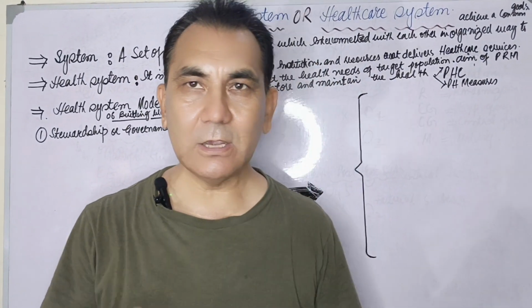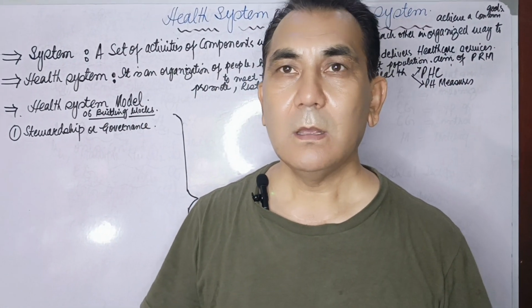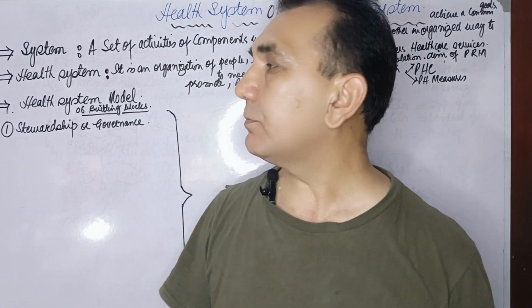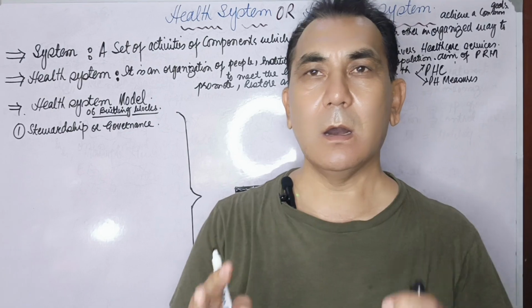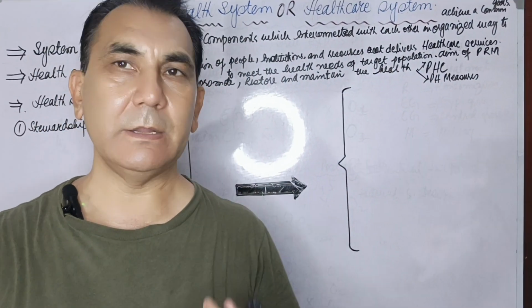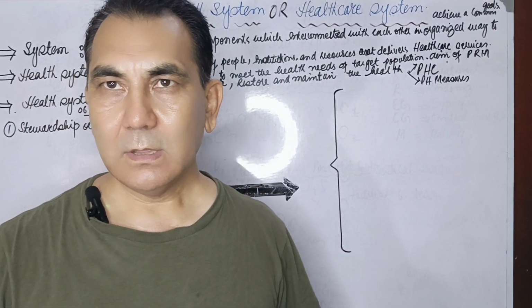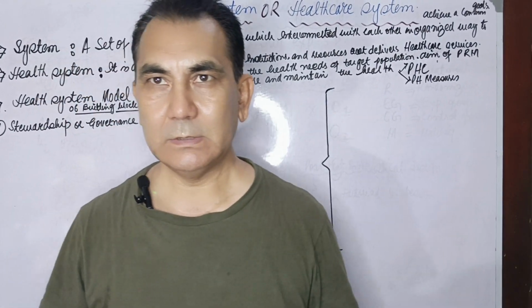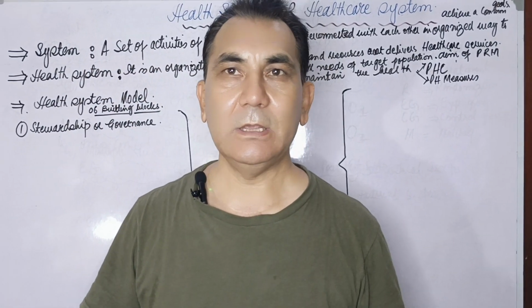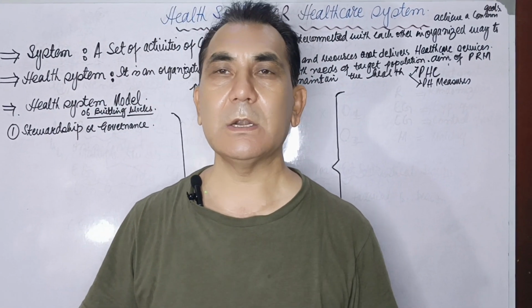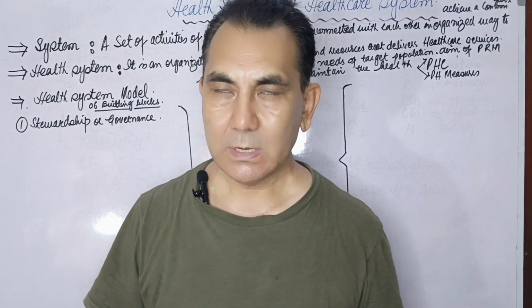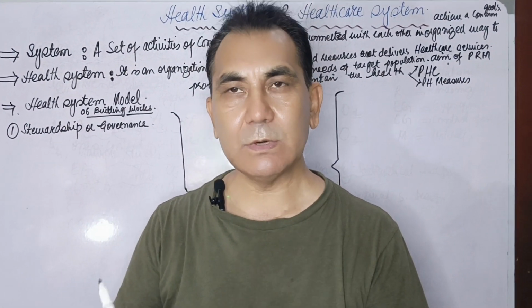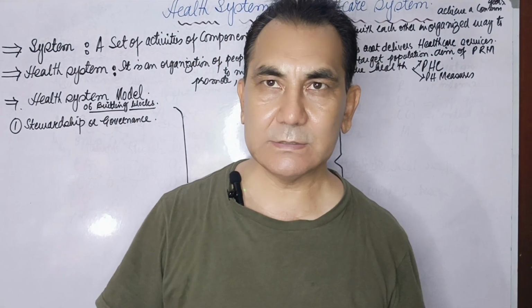Every healthcare system is monitored, supervised, or managed by a steward, the administration, or the governance. You can see the example in any hospital. In a hospital, the top management administration are part of the stewards or the governors.